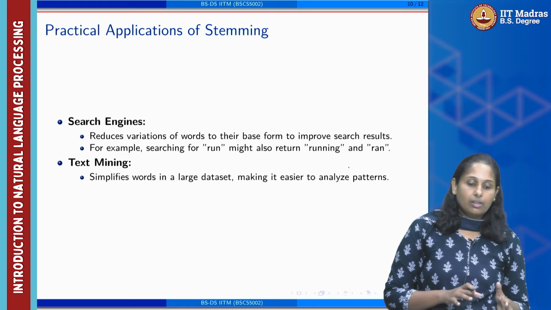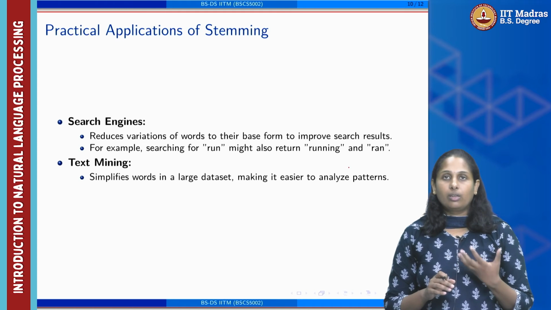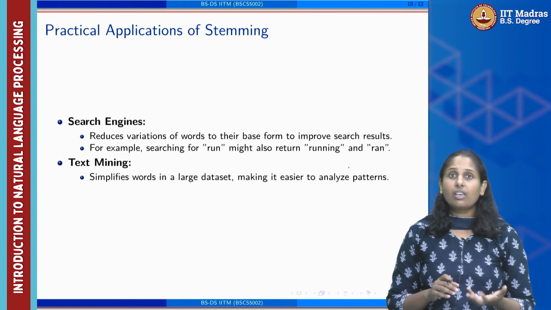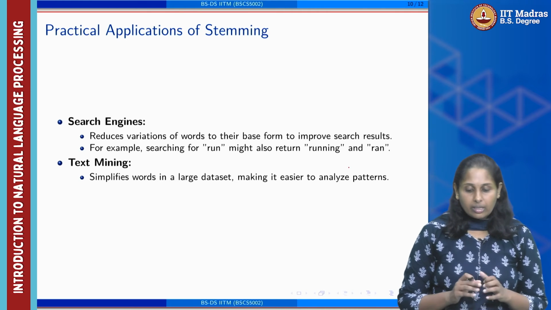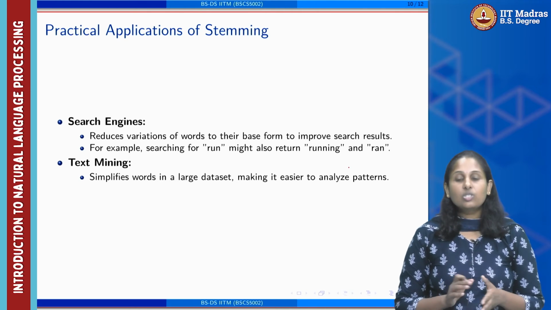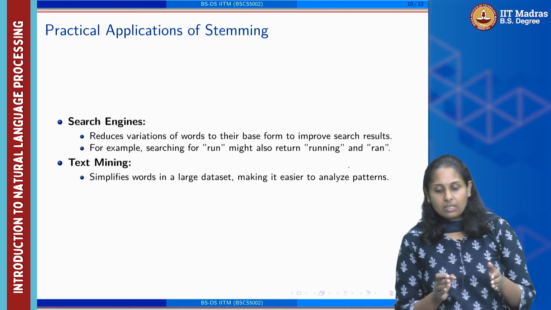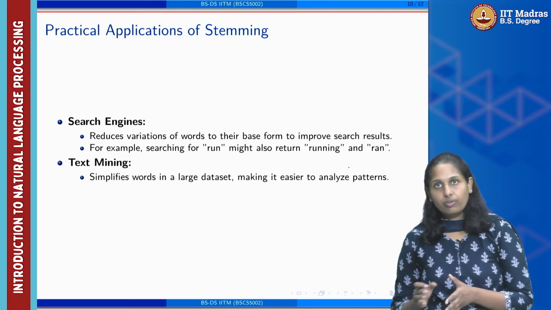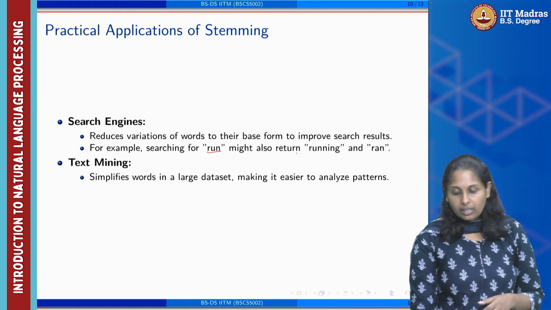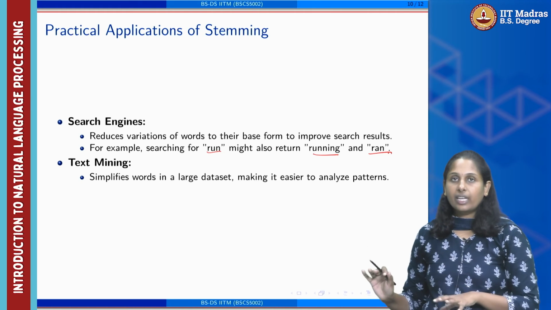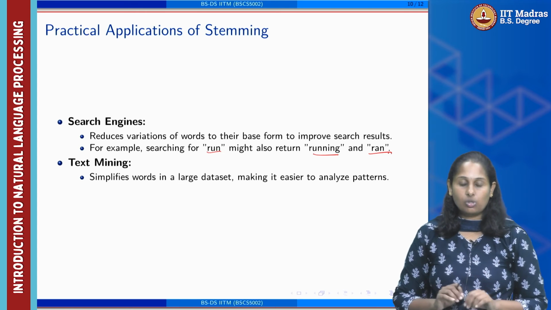Stemming, though it looks like not a preferred kind of technique, can still be a useful technique for certain applications. Especially when we are working with search engines, reducing variations of words to their base form helps us improve the search results. So run might also return running and ran from different texts when we are searching it as a query in, let us say, a search engine.